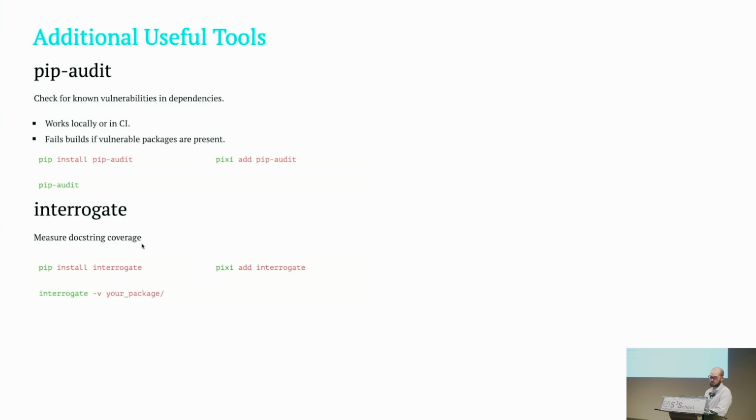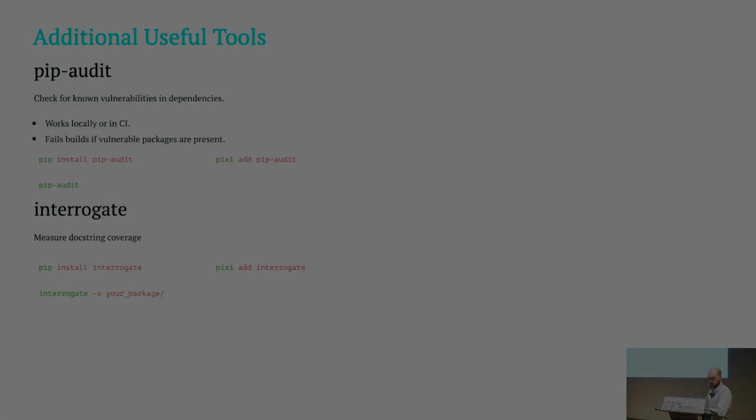This will measure your docstring coverage. So yesterday we talked about documentation. It's based on the docstrings you add in all the functions in your project. And Interrogate will, the same as the pytest coverage, measure your docstring coverage.